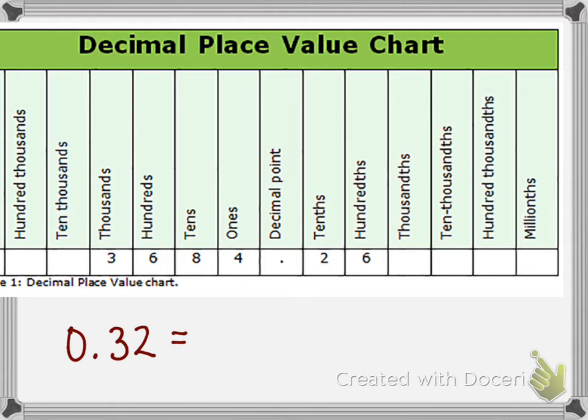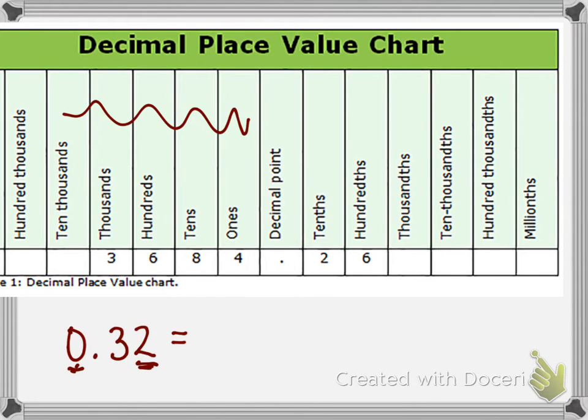0.32. That is the way it looks. But how do we correctly say that as a decimal and convert it into a fraction? Let's look at our decimal place value chart. There is no whole number, so we're just going to ignore the left-hand side.